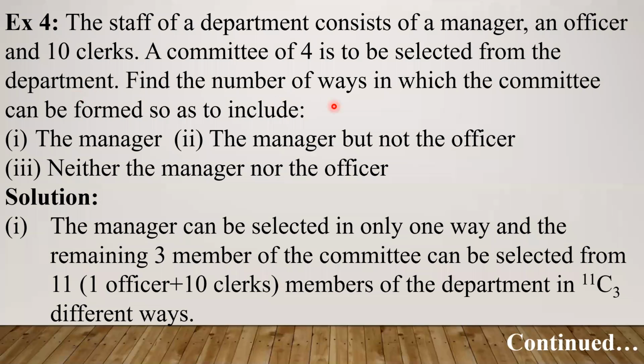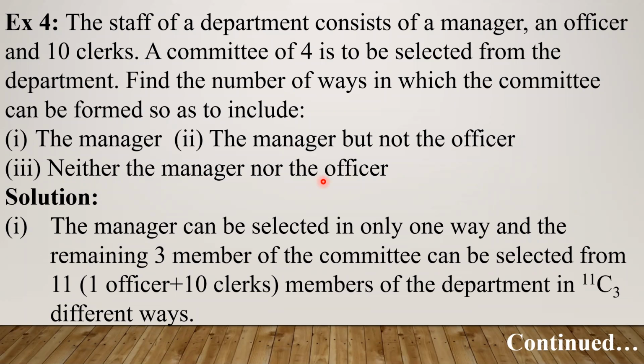Find the number of ways in which the committee can be formed so as to include: first, the manager; second, the manager but not the officer; third, neither the manager nor the officer.